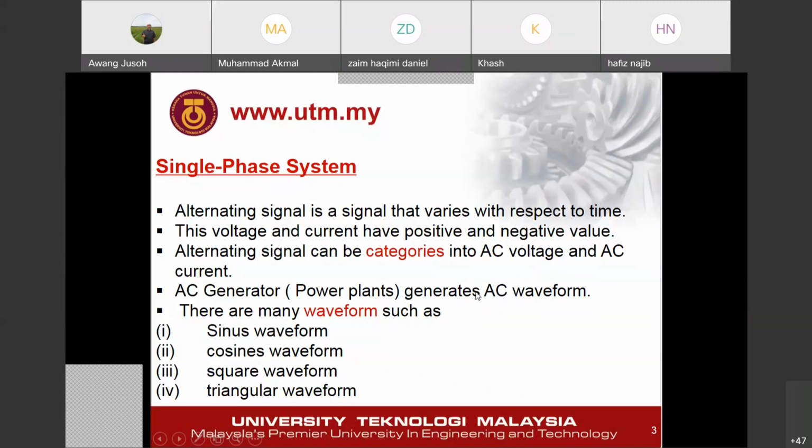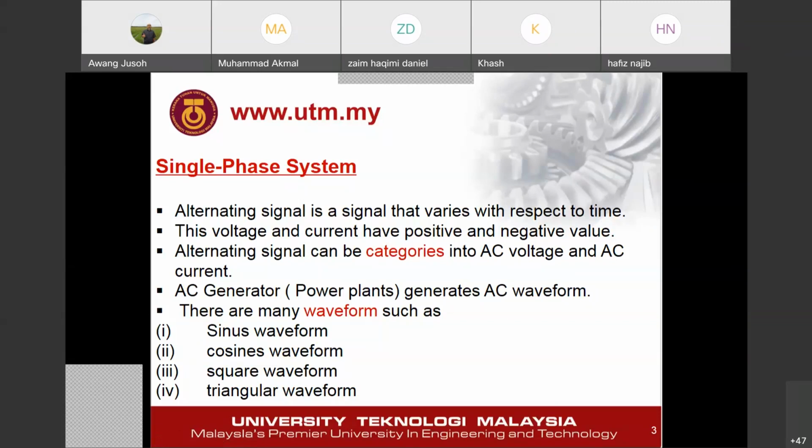That solar module basically generates DC power supply. Then after that, we connect the DC power supply to the inverter block. Inverter is an electronic circuit where it converts DC to AC. So inverter is also known as an AC power generator or AC power supply. That's a source of AC.